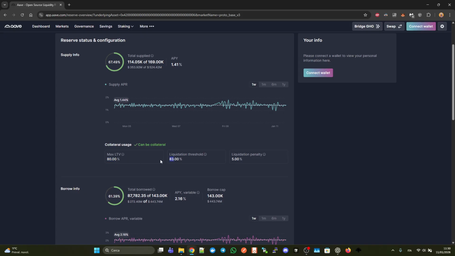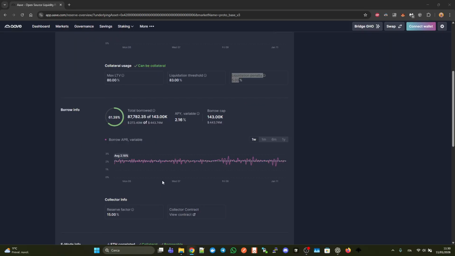Of course, it is higher than the max loan to value, so the maximum that we can borrow. And there is a liquidation penalty in case we get liquidated. That's why we have explained all these concepts before.